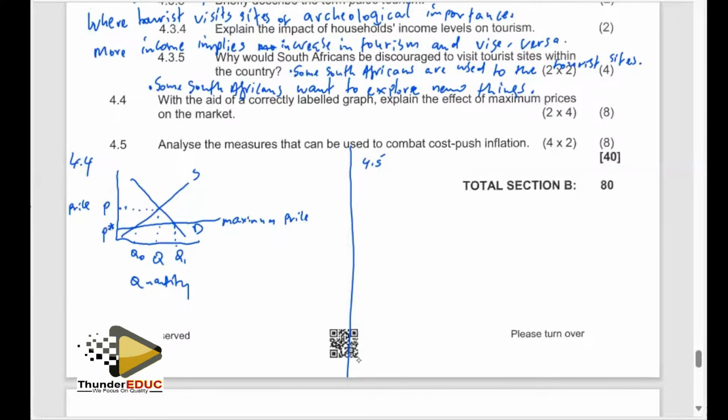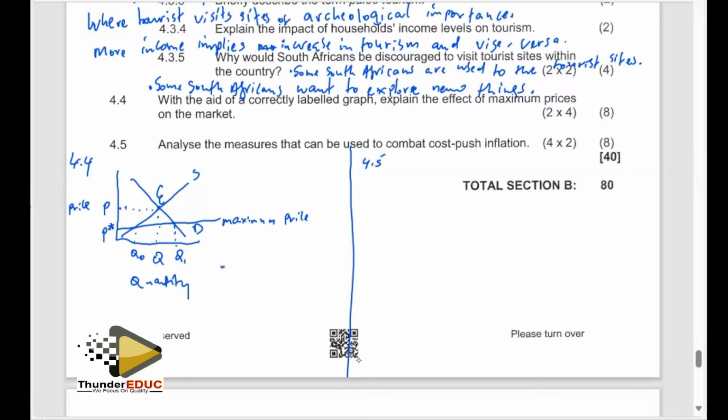Okay, right. So now in this regard, we also have our equilibrium. So now a maximum price reduces the price for consumers from P to P star. So the availability also drops from Q to Q0.